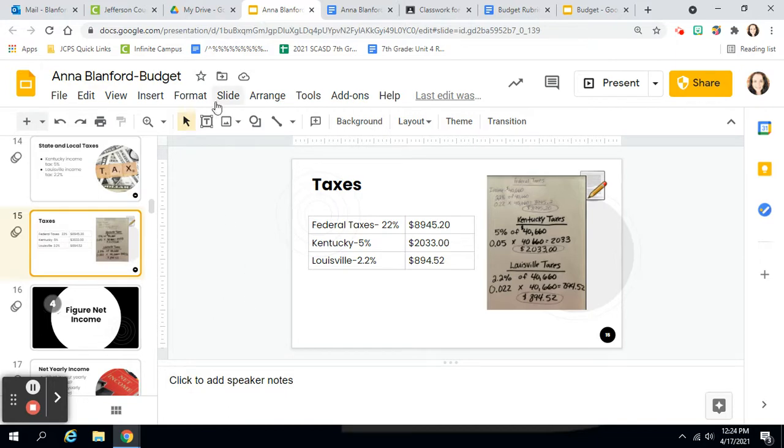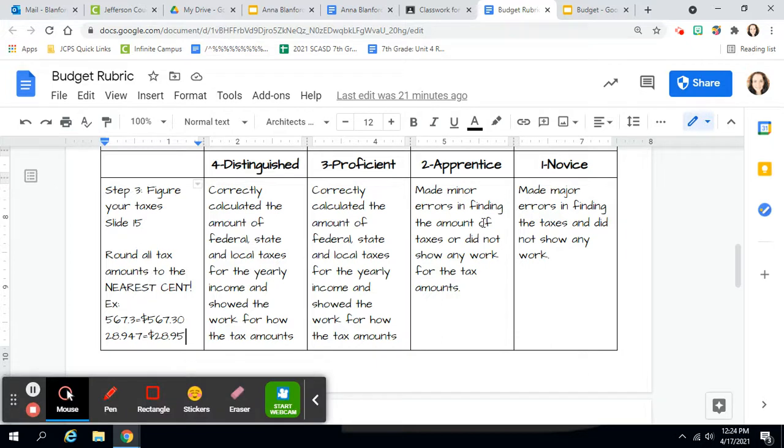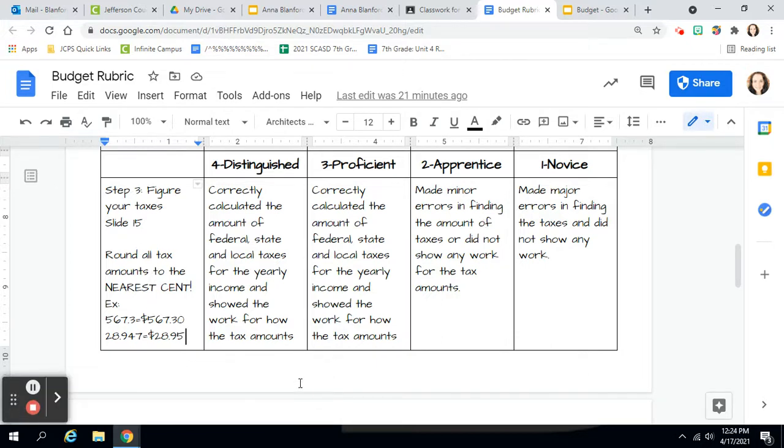Don't forget, you probably also want to check out your rubric to see, did you do all of the things necessary, okay? There are a couple things that I did actually add. So for instance, please round all your tax amounts to the nearest cent. And I give some examples, right?